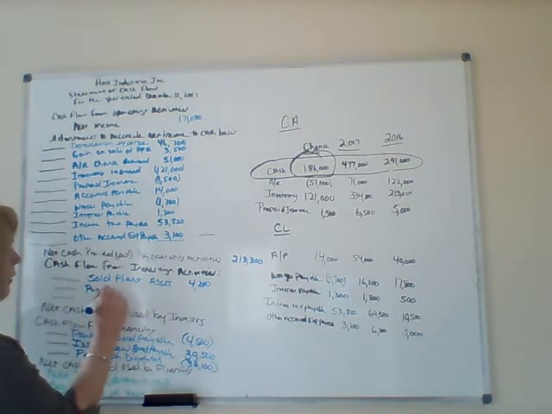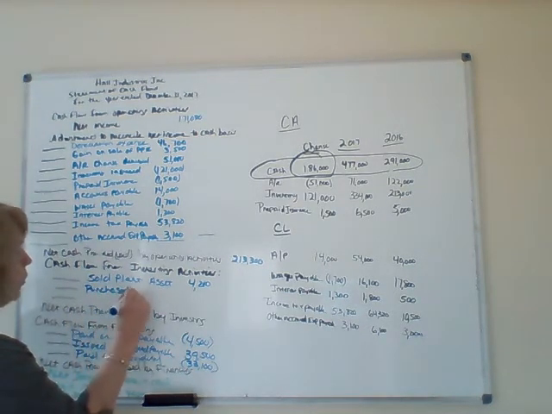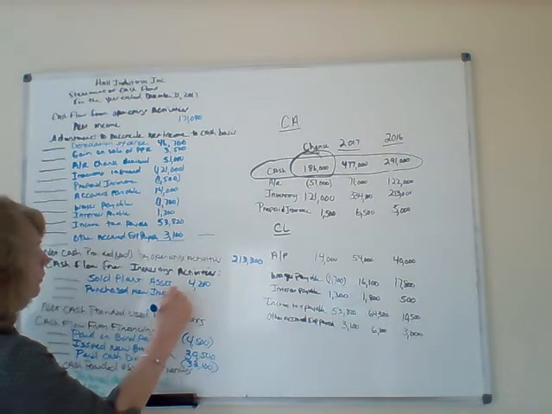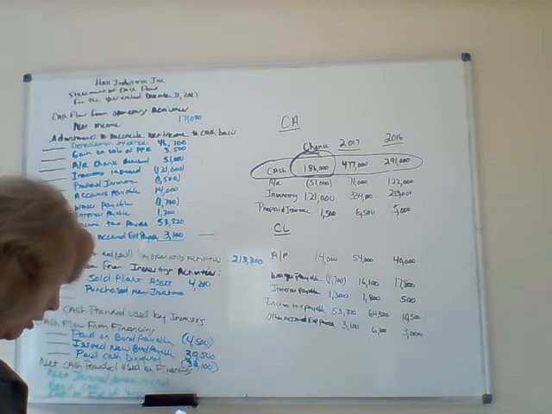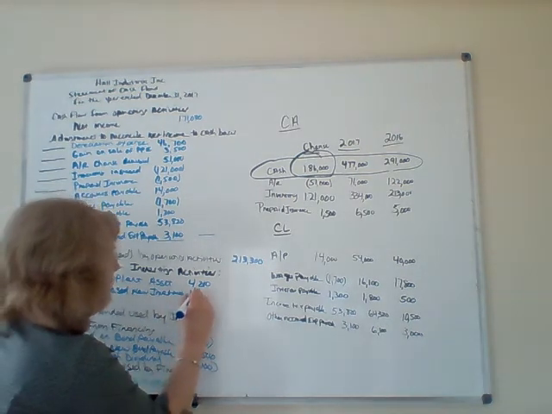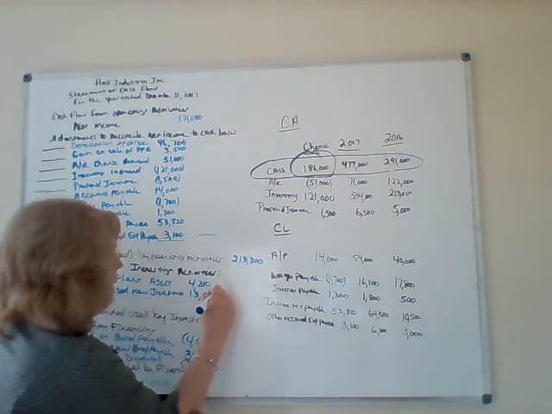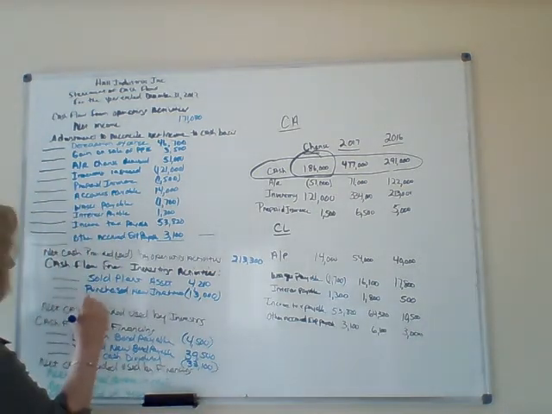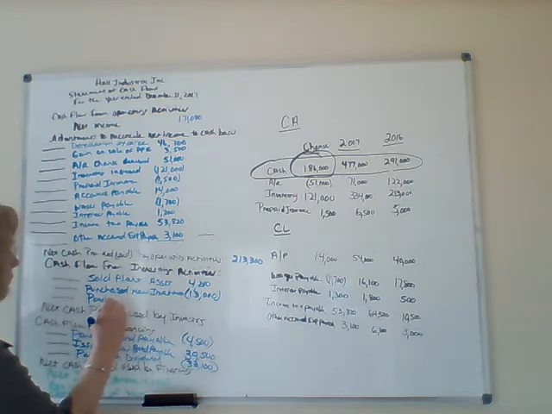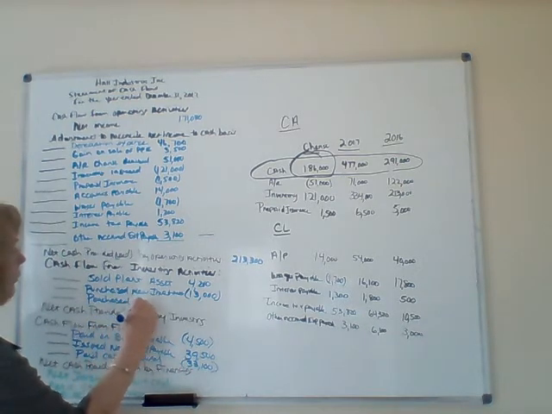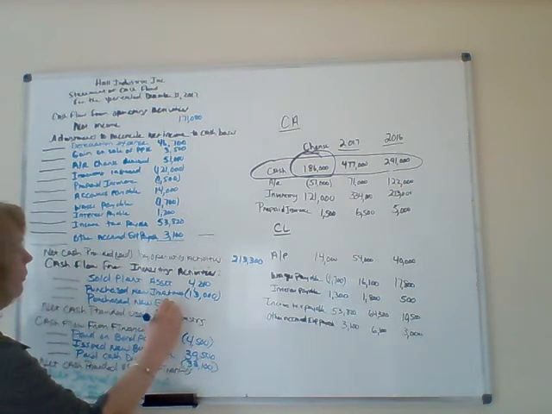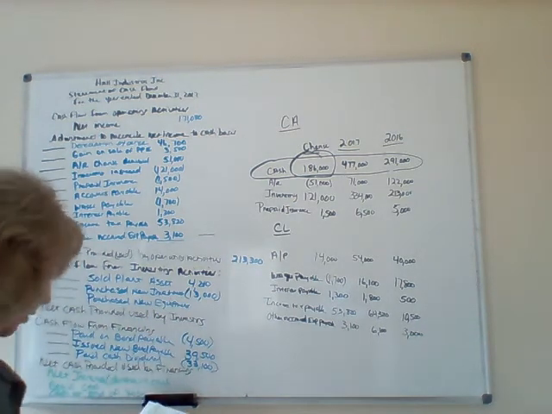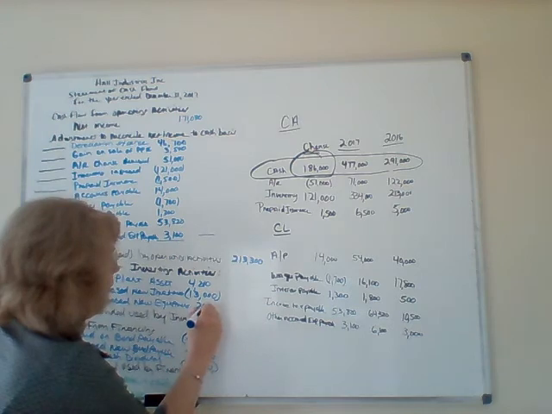Purchased, still in the investment section. How much? 13,000. Put it in parentheses right away. Then purchase new equipment, and that is 20,400. Put it in parentheses.